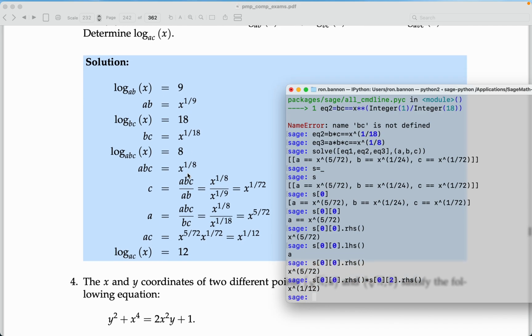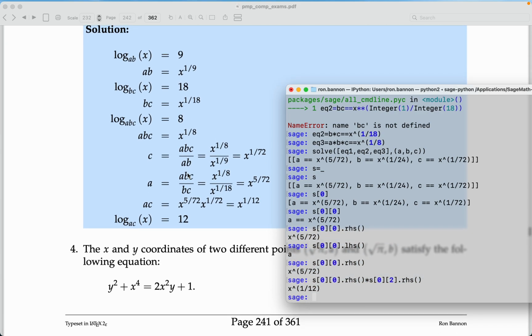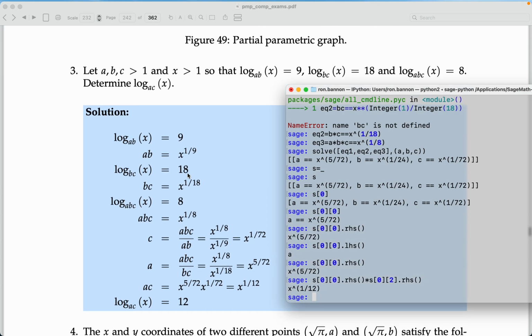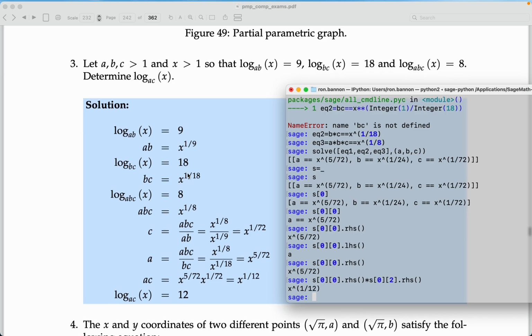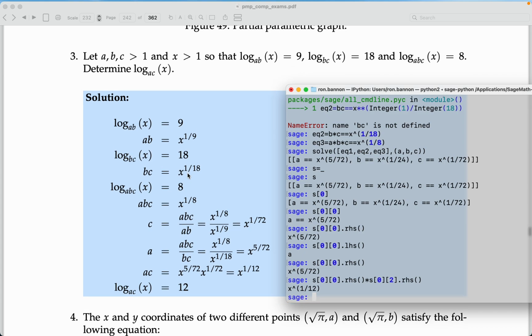Let me see what I said over here and see what's the difference here. They want log base AC of x. Let's take a look. I gotta be careful here. AC to the 12th would be equal to x.